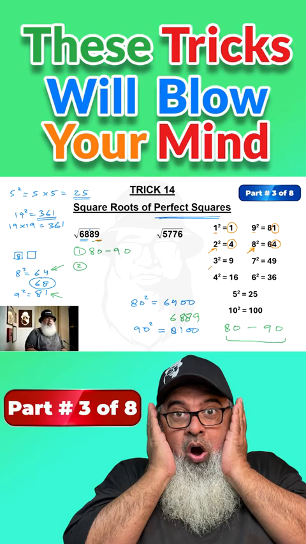And if a number ends in 3 or 7, when we square that number, the answer will always end in 9. And if any number ends with 4 or 6, when we square it, the square will end in 6. This 36 is a perfect square, it's ending in 6. And 16 is a perfect square, it's ending in 6 also.